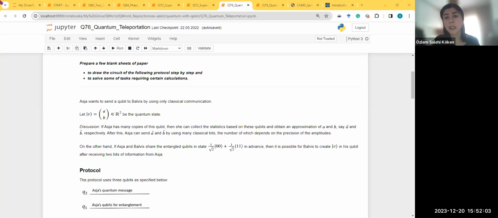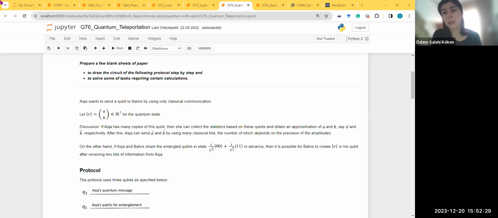First of all, it can be that you don't know what is inside the qubit. You don't know the A and B information. Then there is no way to get this unless you have multiple copies of this, because how can you know if it is A or B? You cannot know this. In such a case, if you would like to send this to someone else, this is a protocol you can use.